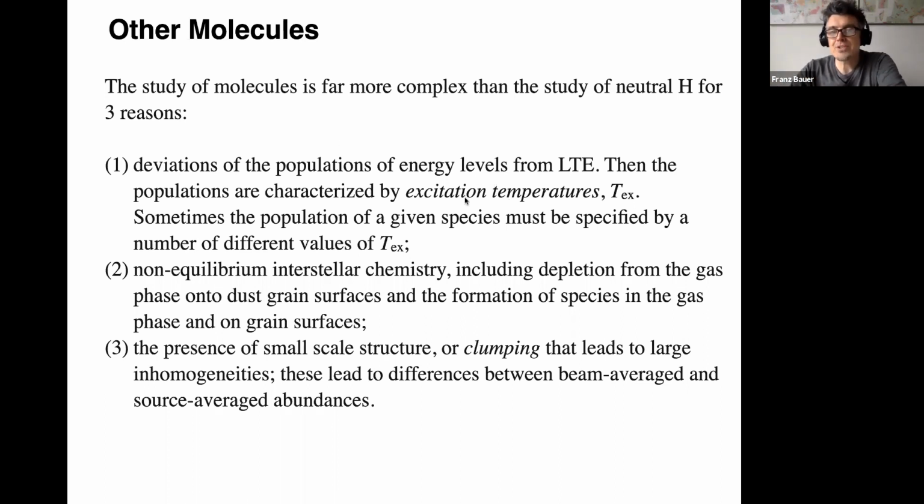And so the populations generally, you characterize them by these excitation temperatures, which we talked about in the last class. And so the populations of a given species are generally specified by a range of excitation temperatures, depending on the transition. And so that's a little bit complicated. Well, actually, it's very complicated.